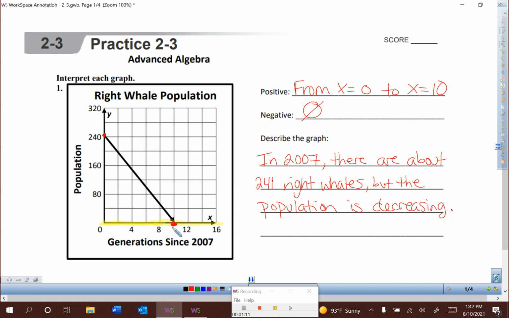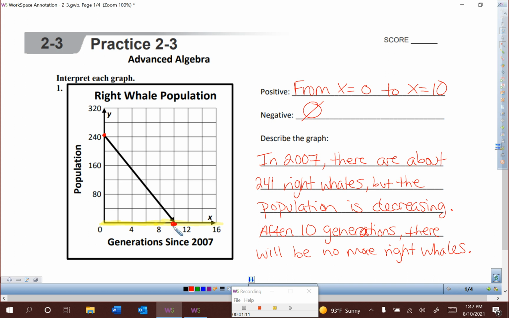So it decreases, and then at the end, after 10 generations, there will be no more right whales, because it is down to 0.